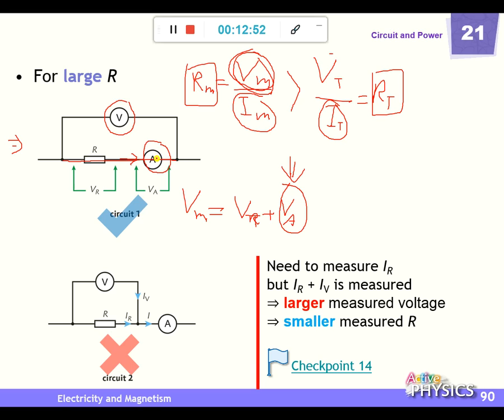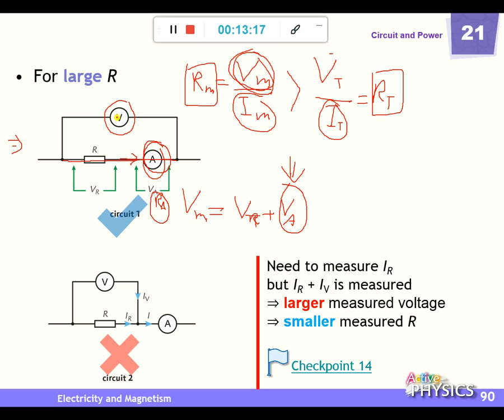One way is to make this RA as small as possible. But this meter is made by the factory and you cannot change it. Of course, the default value of it is very small, but you cannot change it.